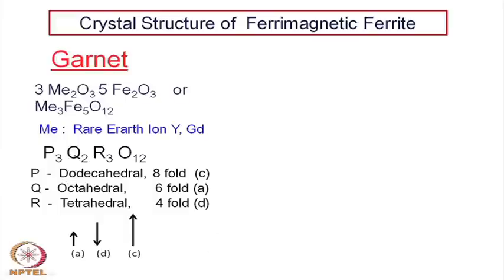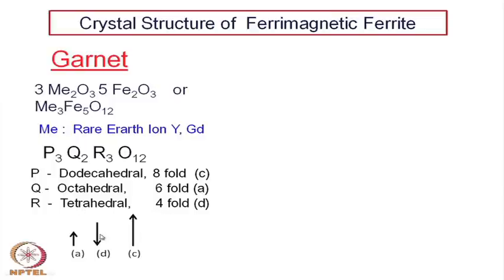That is what also happens in case of garnets. Instead of 2 sites, you have 3 sites, A, D and C sites. So, their magnetic moments are different. A and C are parallelly oriented, while both of them are antiparallelly oriented with D. D is the tetrahedral site.